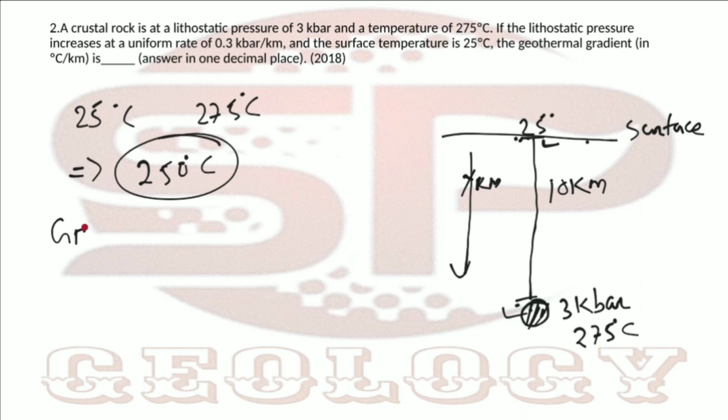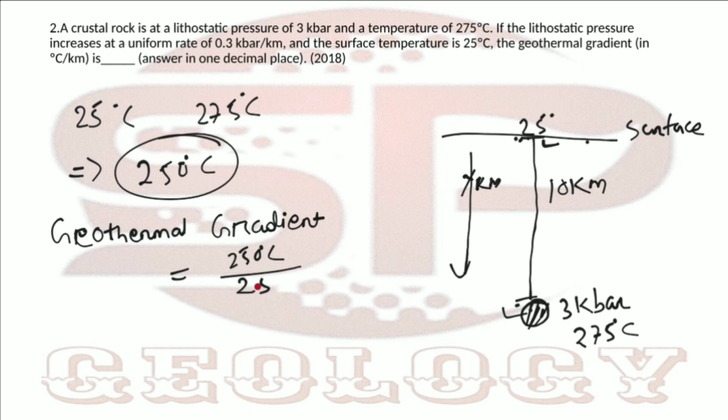So the geothermal gradient will be 250 degrees divided by 10 kilometers.